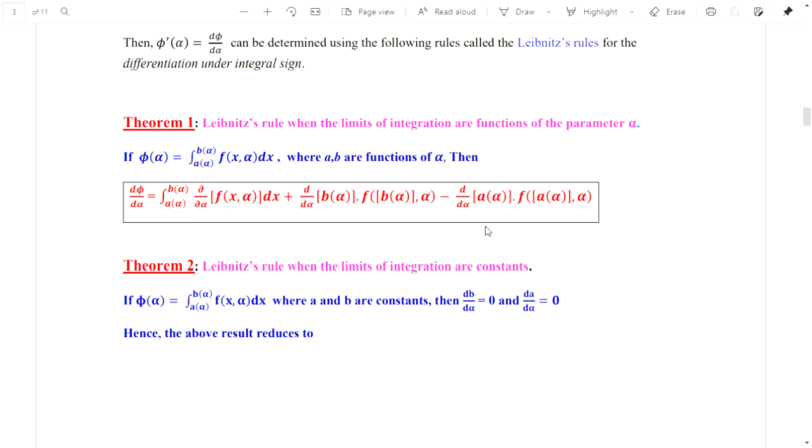This is known as Leibniz rule of differentiation under integral sign when the limits of the integration are variables which are in terms of alpha.